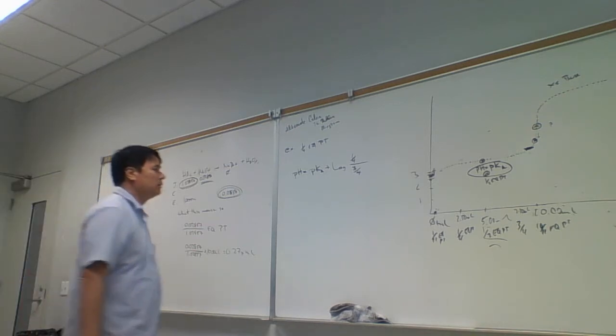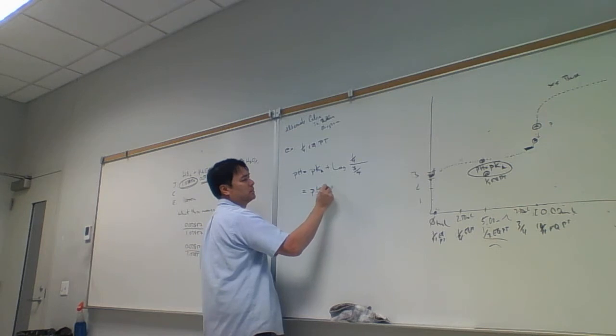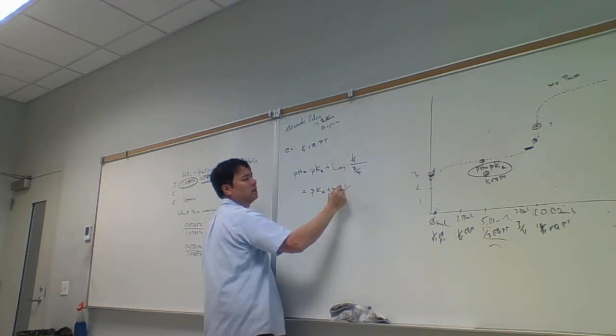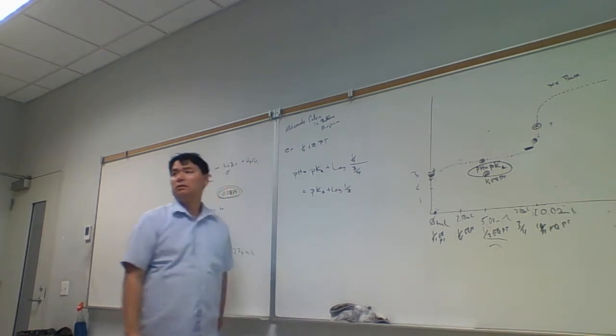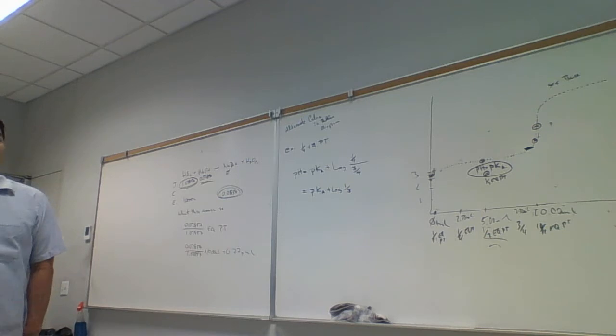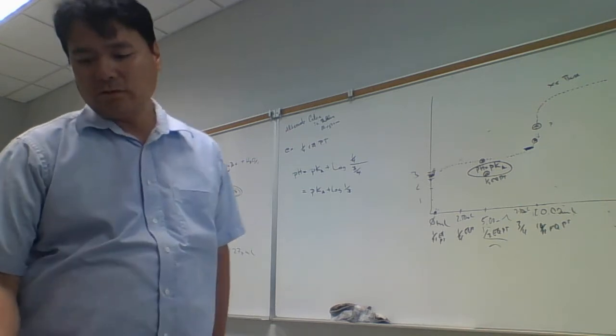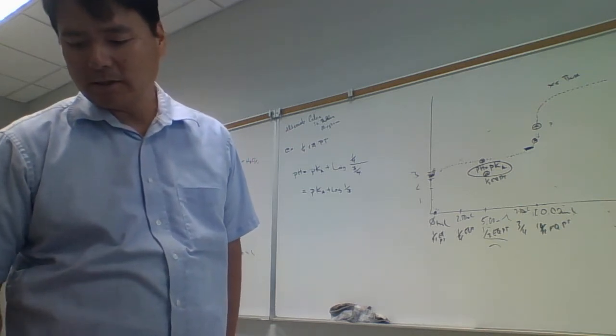And so what I'm going to get is the pH is equal to the pKa plus the log of, the 4 drops out, the log of 1/3. The log of 1/3 is the base to acid ratio. The log of 1/3 is minus 0.47, as I recall. Let me just double check that.